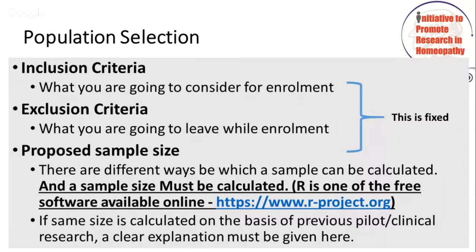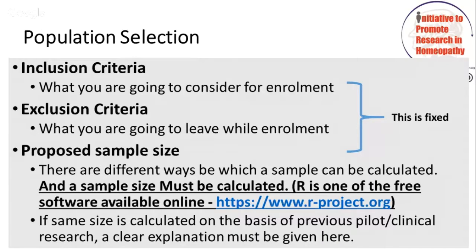Once we have decided on the inclusion and exclusion, we should always propose a sample size. There are different ways to calculate a sample size, and it must be calculated. It is very arbitrary to say that we will do research on 30 people or 50 people or whosoever comes to our research. That is of no value. We must be determined with the sample size, and we can easily calculate it.